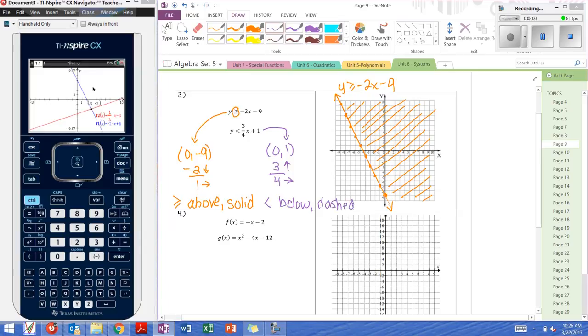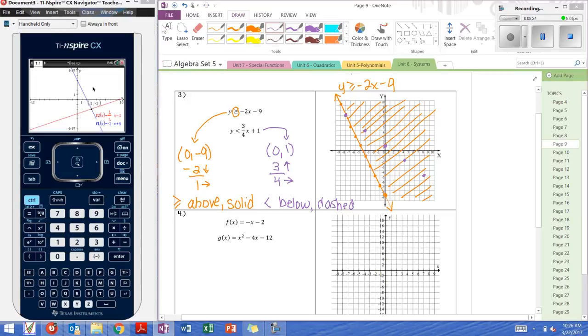All right, let's graph. So 0, 1, we'll go down 3 to the right 4, or up 3 to the left 4. Okay, so I got 2 points to intersect.